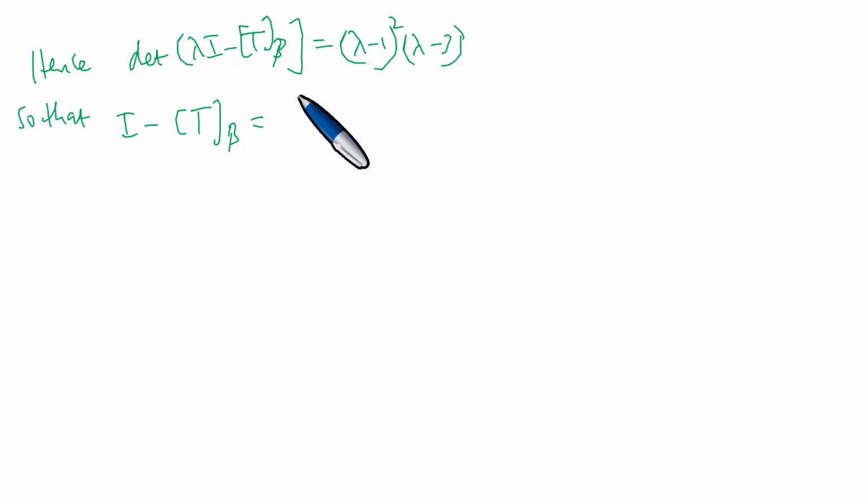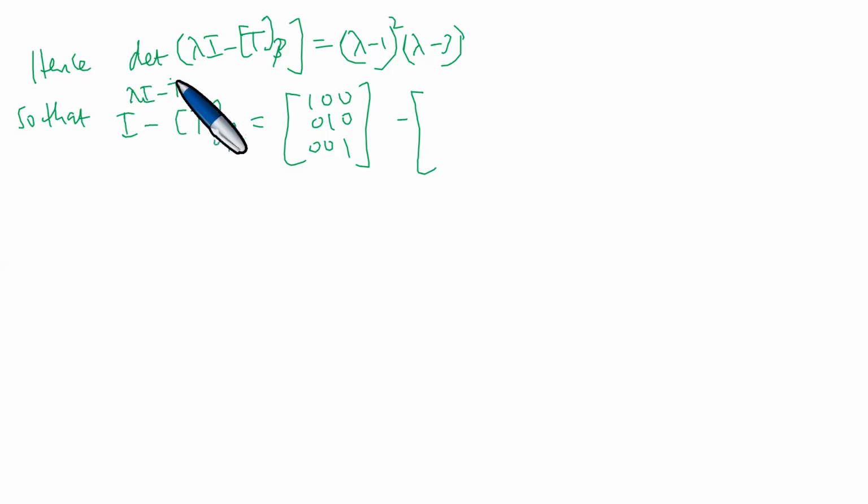It is exactly the same as 1, 0, 0, 0, 1, 0, 0, 0, 1, that is the identity matrix, minus this. This is actually coming from the lambda I minus T sub B representation we wrote earlier as a test for diagonalizability.